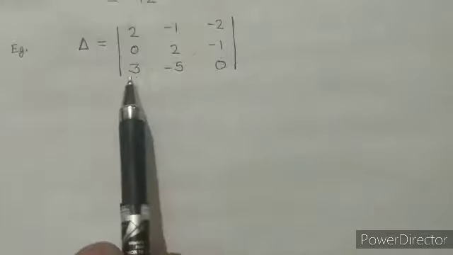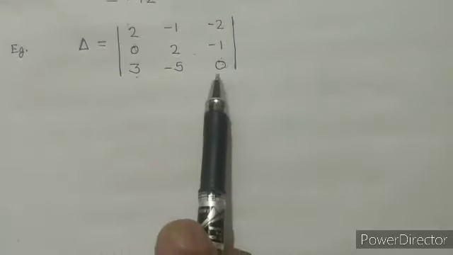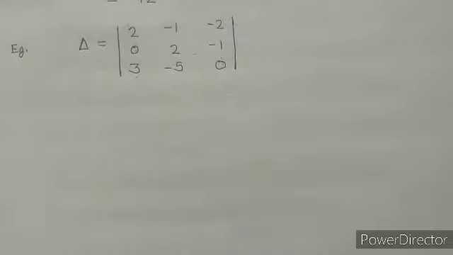Let us take an example. Here we have to find the determinant of a matrix of order 3 by 3. Now we can find its determinant by expanding any row or column, but it is more convenient to find the determinant of a matrix by expanding the row or column whose maximum number of entries are equal to 0.